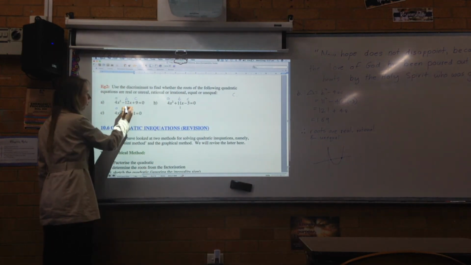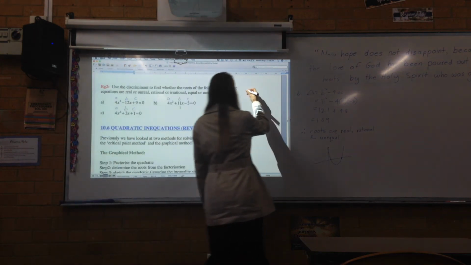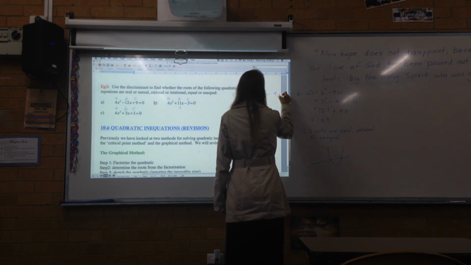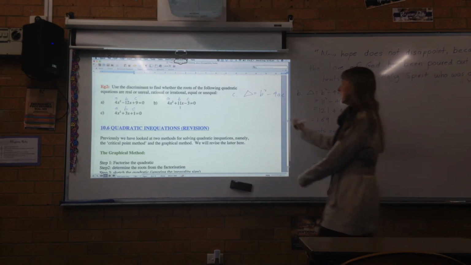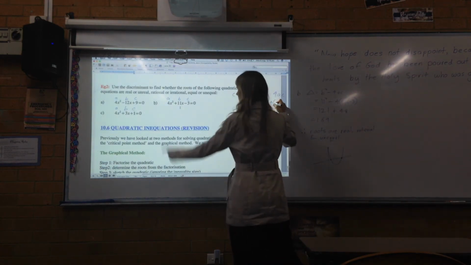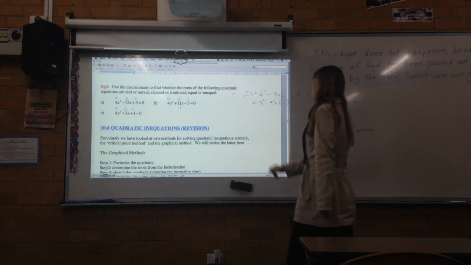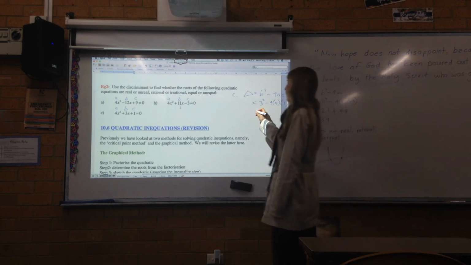So our A is 4, our B is 3, and our C is 1. Let's find the discriminant. B squared minus 4AC. Well, B in this case is 3. So 3 squared minus 4 times A is 4, and C is 1. Well, 3 squared is 9.